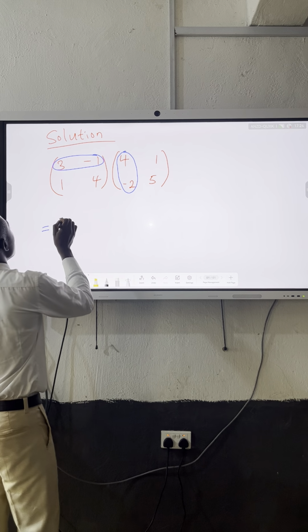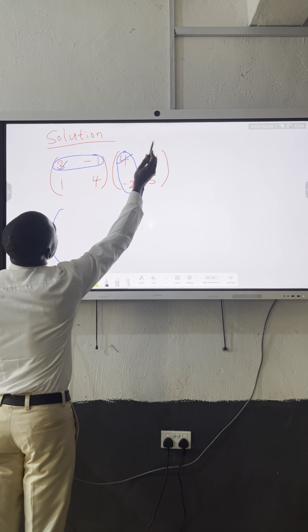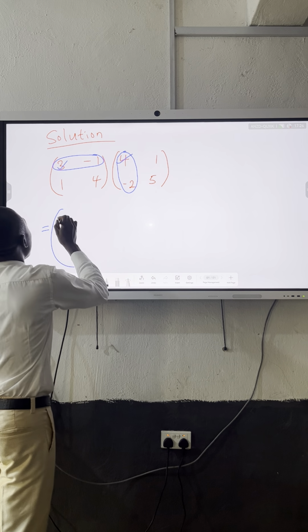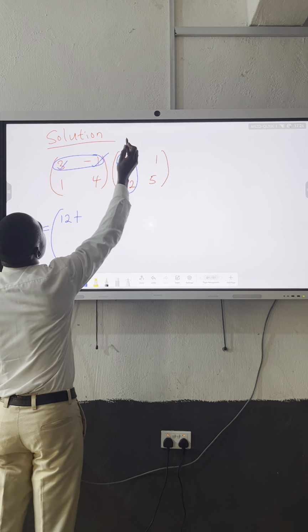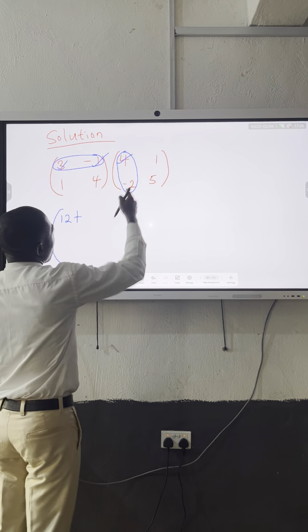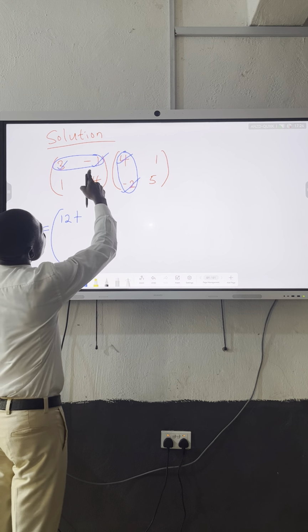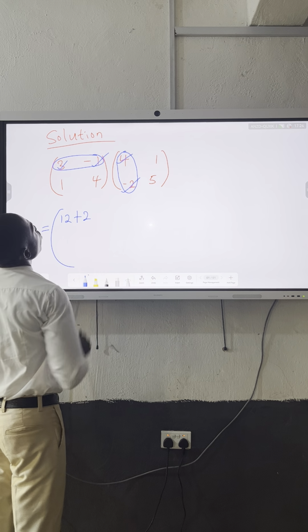So this is going to be equal to, multiply this by this and write the answer down. 3 times 4, you have 12, plus the second element in row 1 multiplied by the second element in column 1, minus 1 times minus 2, which gives us 2.